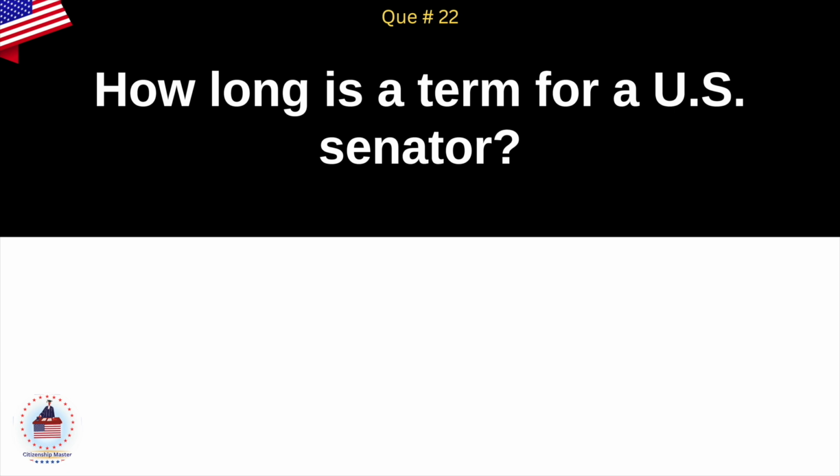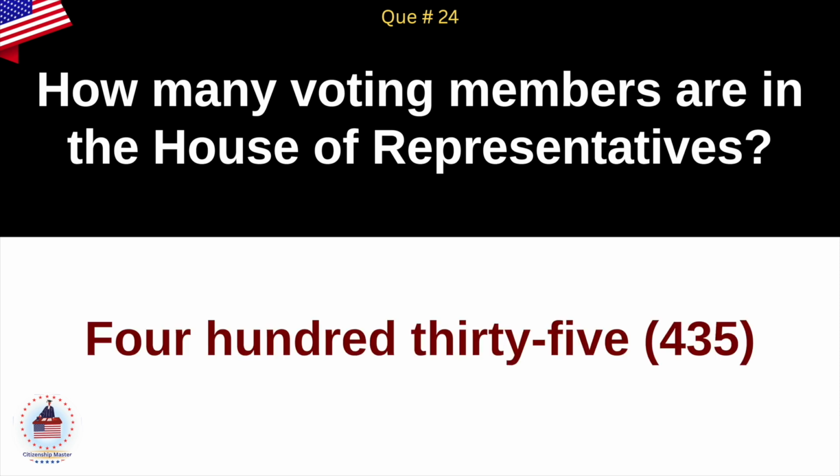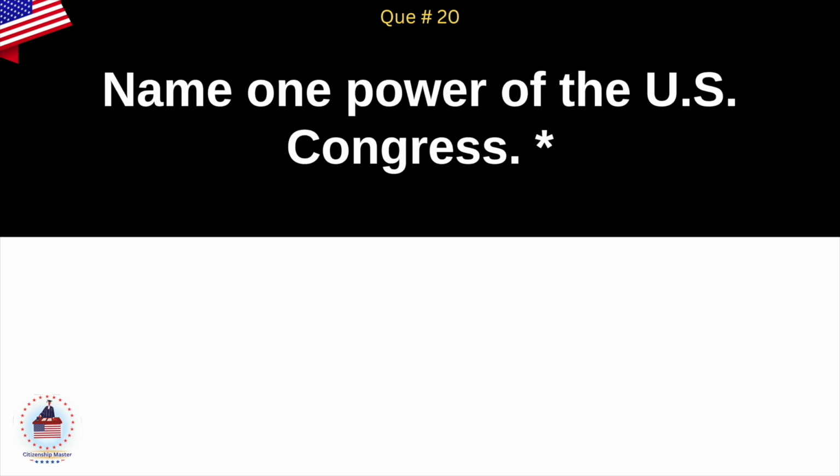How long is a term for a U.S. Senator? Six years. How many voting members are in the House of Representatives? 435. Name one power of the U.S. Congress.